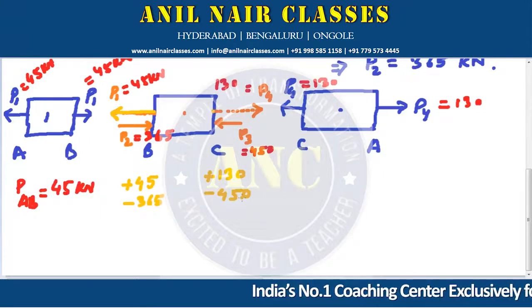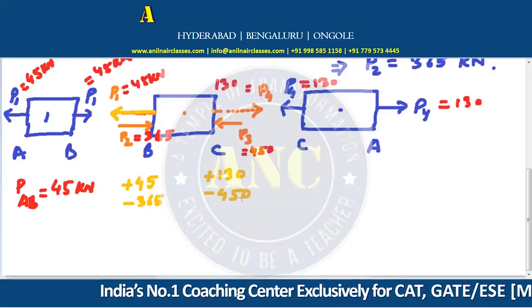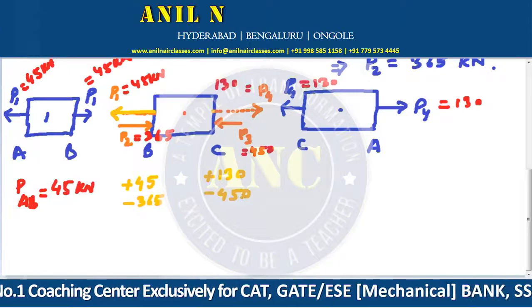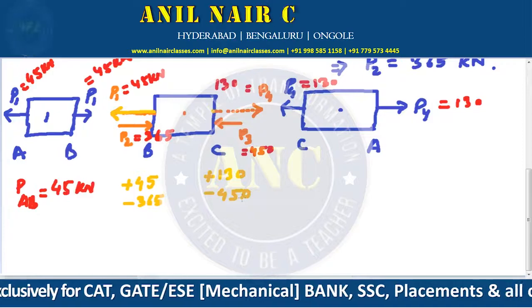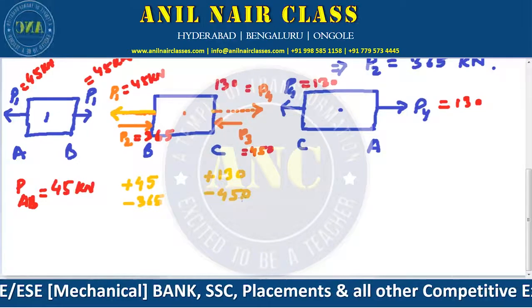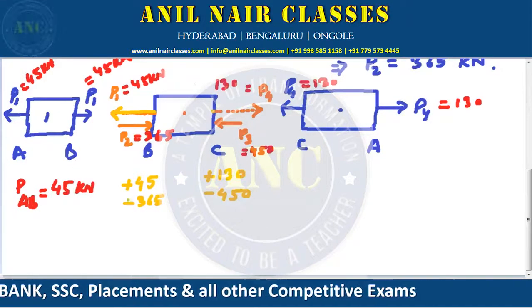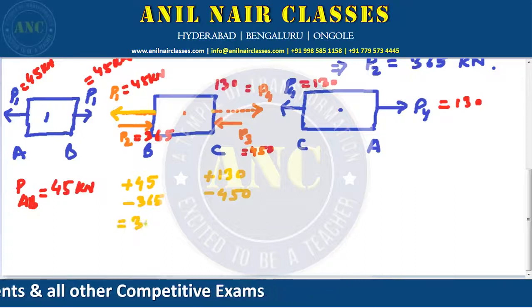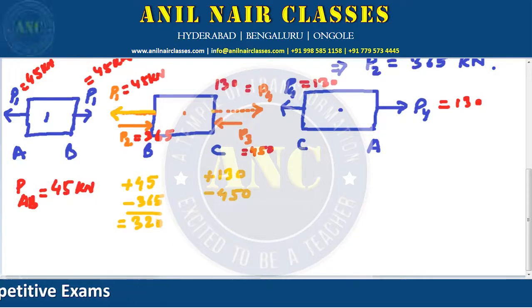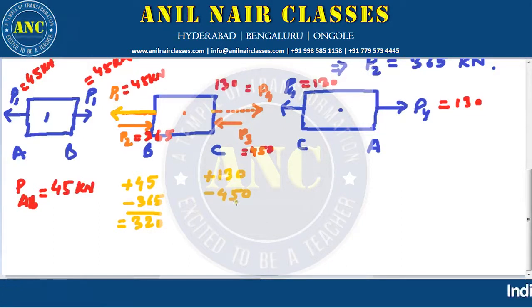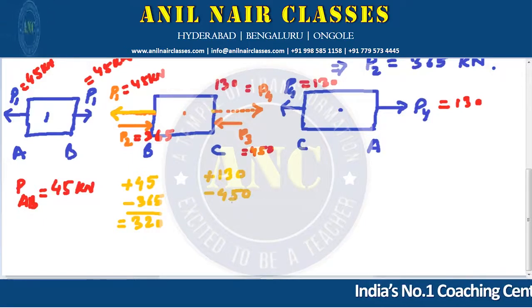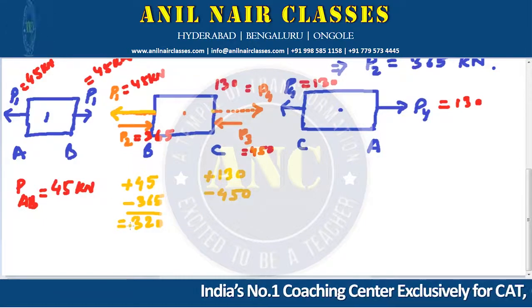So what we get? Plus 45 minus 365 is equal to how much? We get it equal to 320.